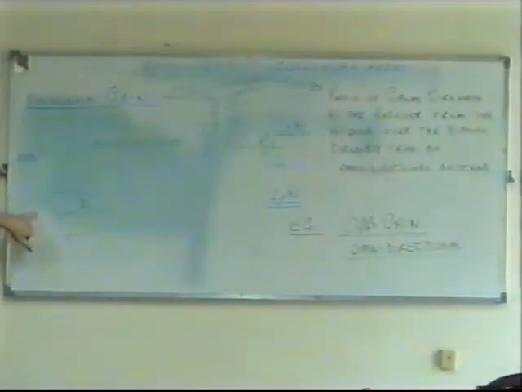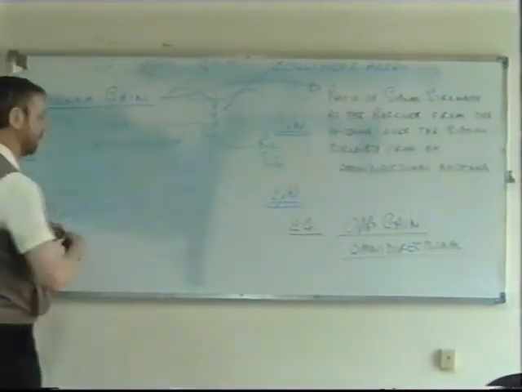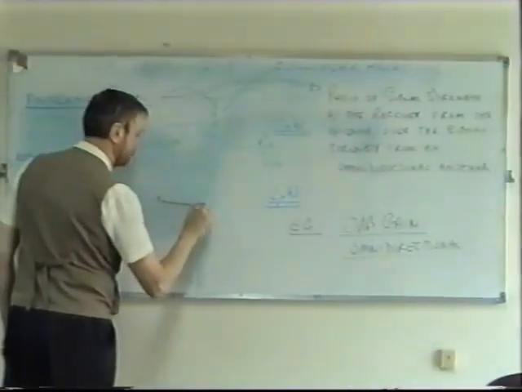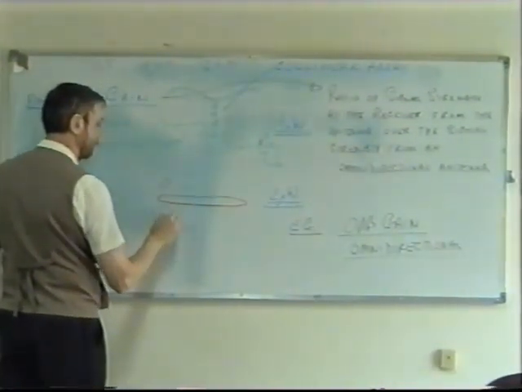What do you think the gain of this antenna is going to be? Is it going to be high? Yes, it's probably going to be the highest of any antenna we're considering. Very directional. If we look at the polar diagram, it's essentially straight out, with perhaps a few side lobes.